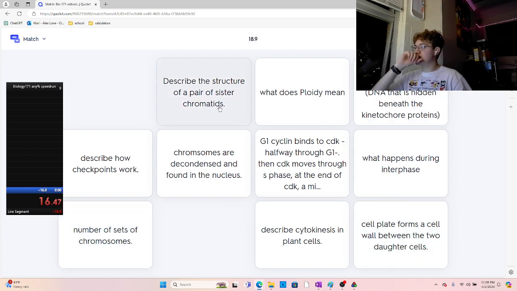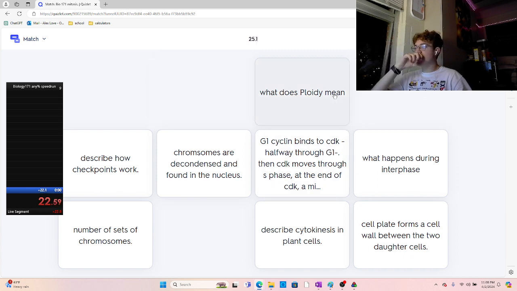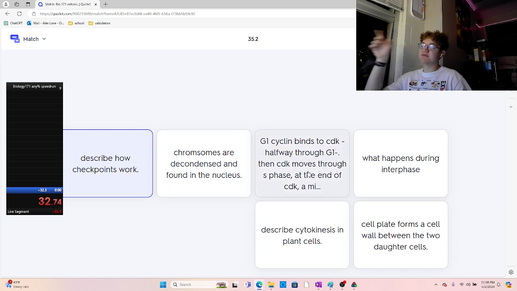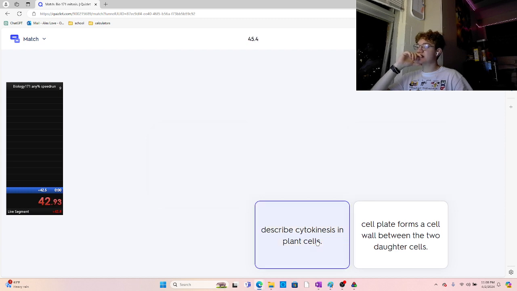Describe the structure of a pair of sister chromatids: two sister chromatids joined by a centromere DNA. Yep. What does ploidy mean? Number of sets of chromosomes. Yep. Describe how checkpoints work. The cyclin attaches to CDK, and then eventually the cyclin dissolves. Chromosomes are decondensed and found in the nucleus, that is during interphase. Yep.